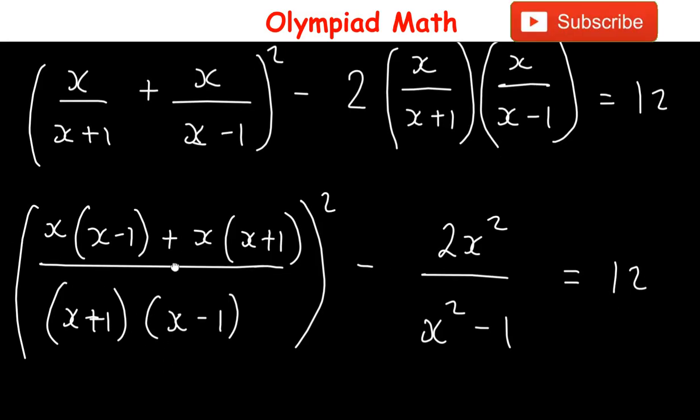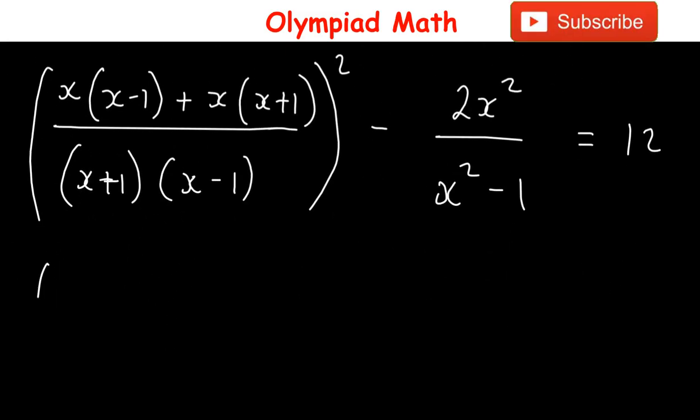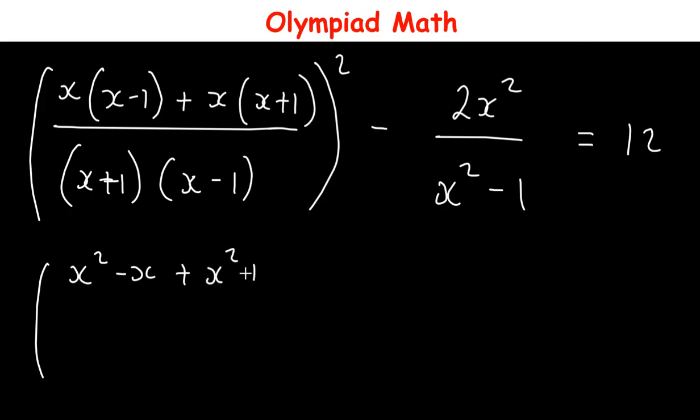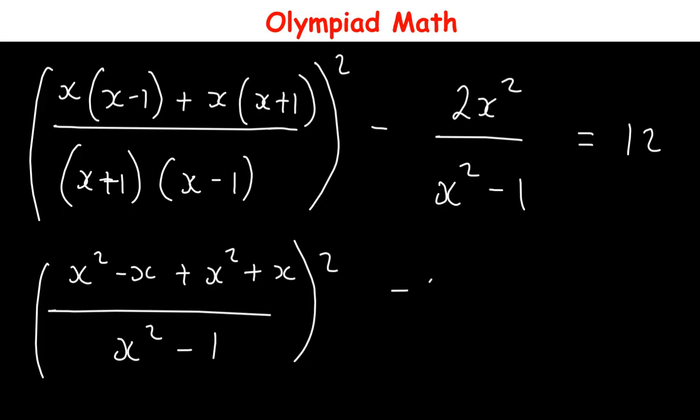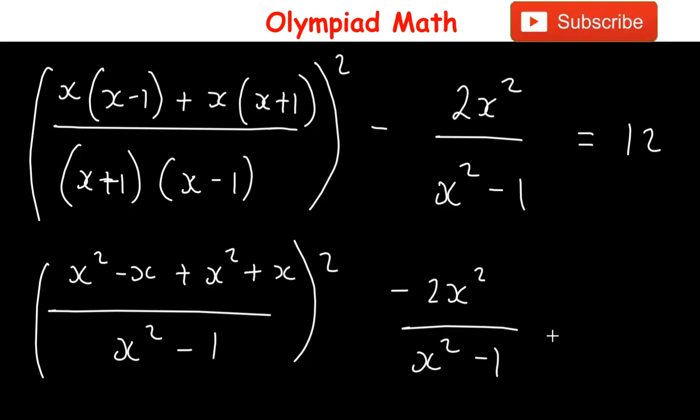So with this, we have (x·x, x times minus 1 is minus x, then plus x·x, x times plus 1 is plus x), all over (x + 1) multiplied by (x - 1), which will give us x² - 1, then all squared, minus 2x² over x² - 1, and this equals 12.